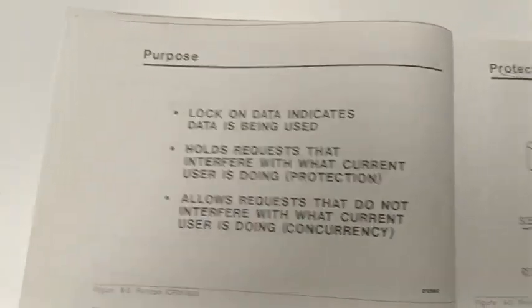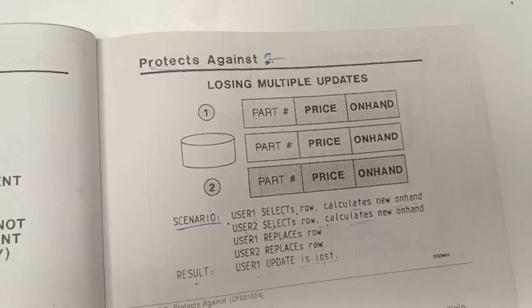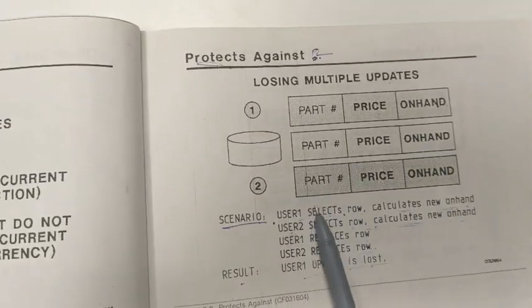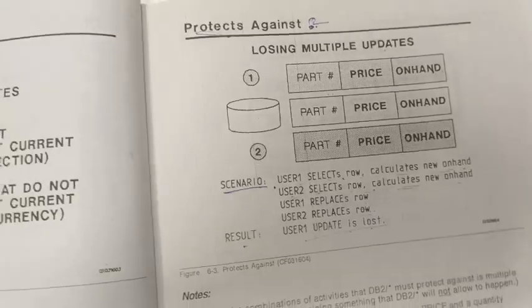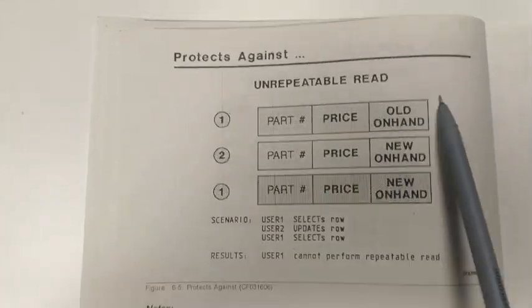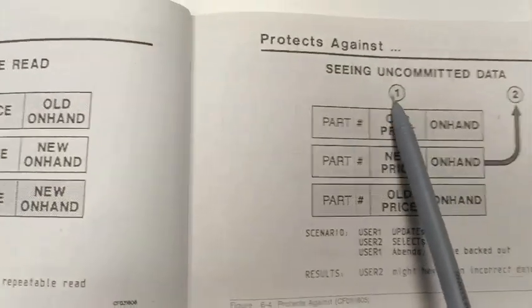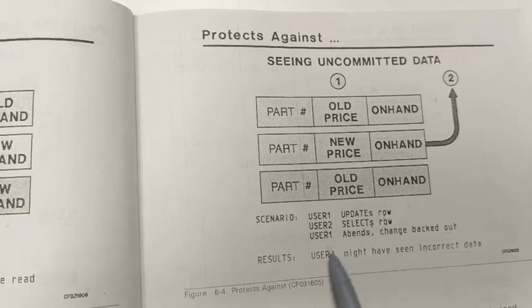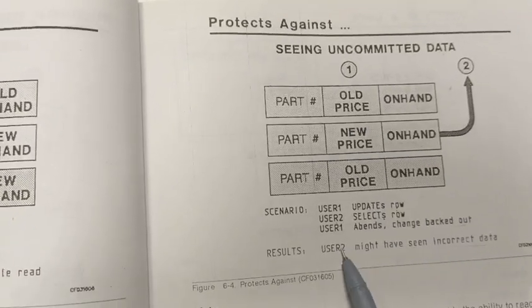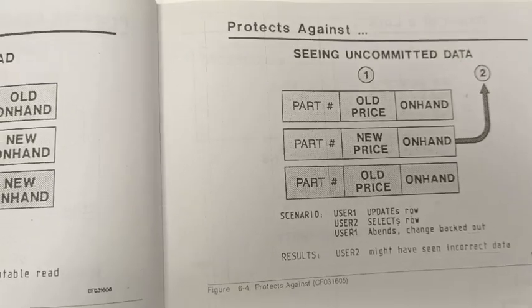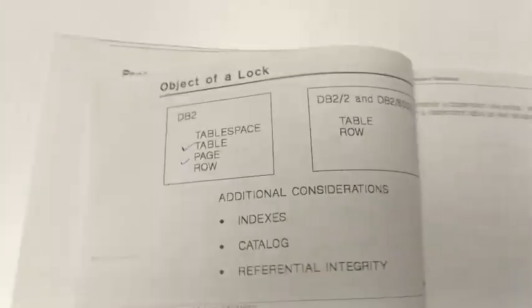That is also why we use locking. There are different scenarios, like losing multiple updates when there is no locking mechanism, and unrepeatable reads. And there is also the case of seeing uncommitted data. For example, with uncommitted data, user 2 might get incorrect data.